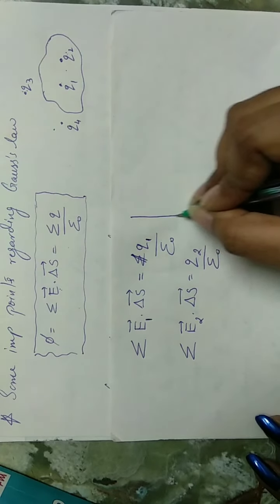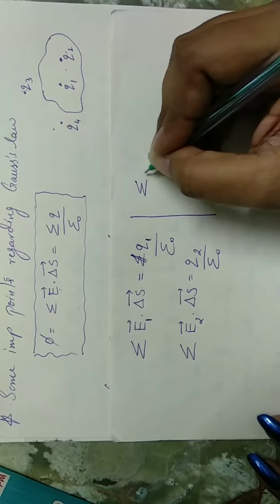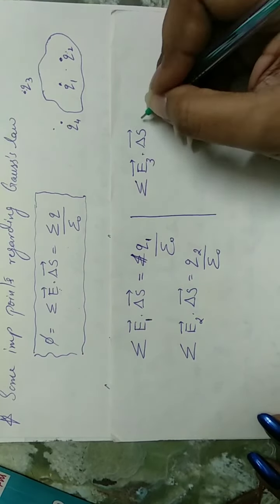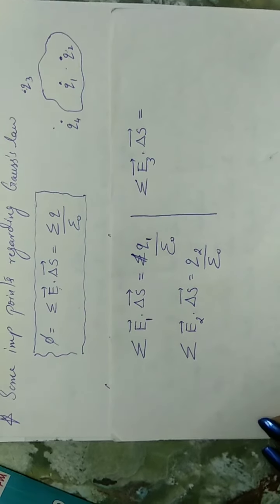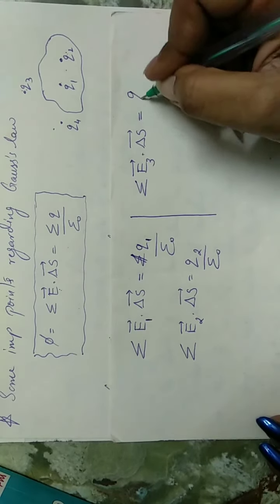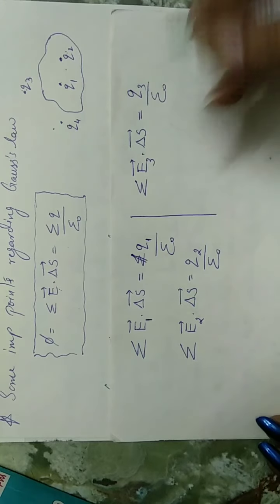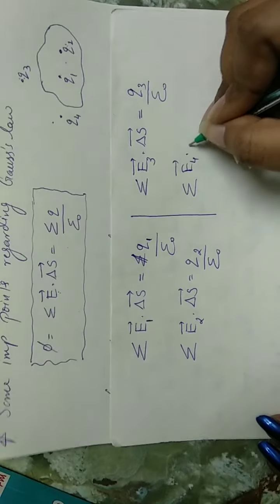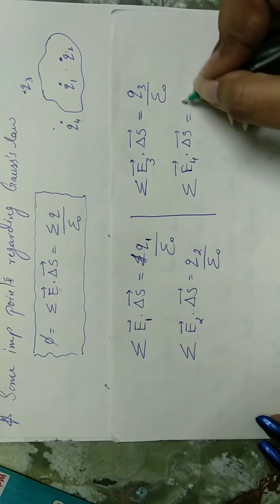Now because of Q3 and Q4. Because of Q3, the electric field will be E3. It will be Q3 by epsilon naught, and because of Q4, the formula will become like this.